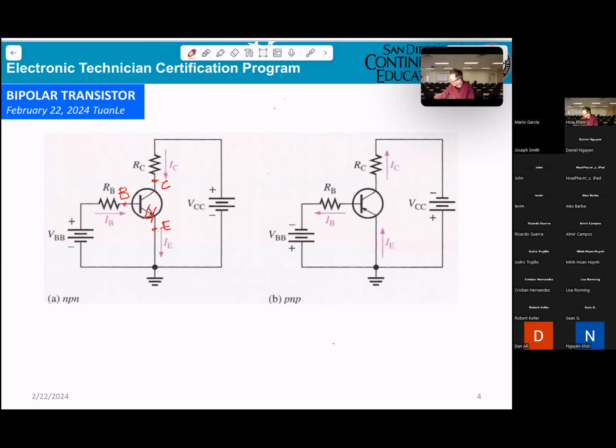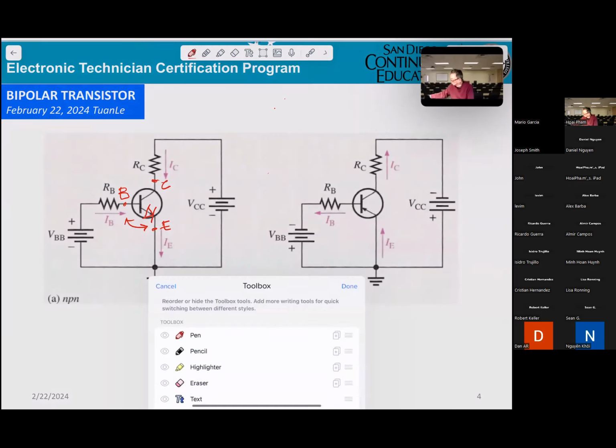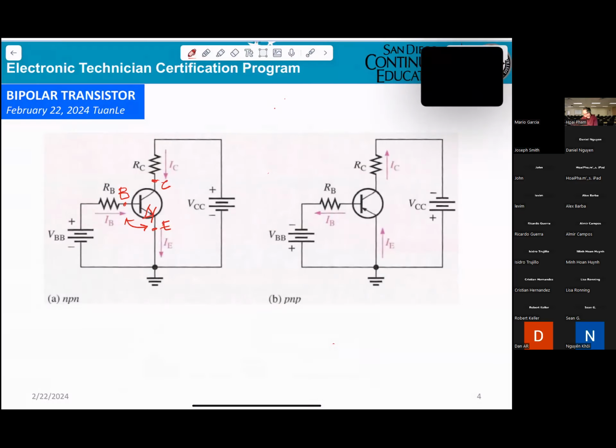The transistor consists of two diodes, so that's just a 0.7 diode drop. So the voltage will be 0.7.